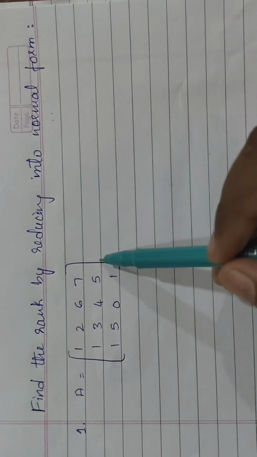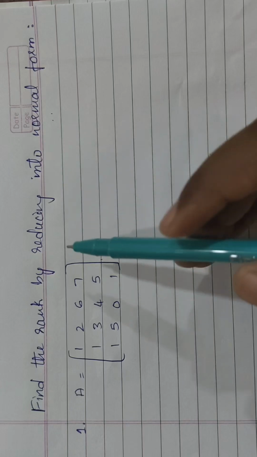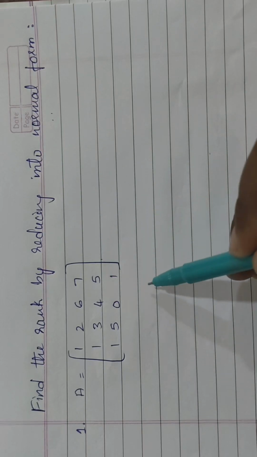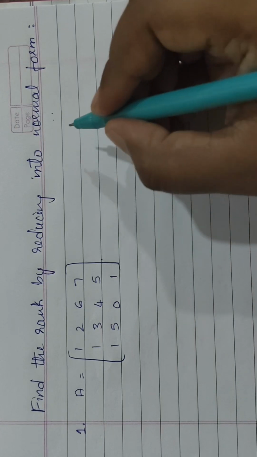Before reducing to normal form, we first reduce the matrix to echelon form, and only then reduce it to normal form.